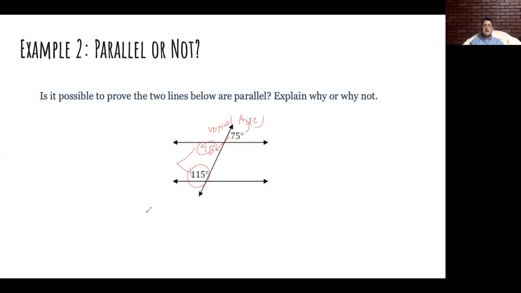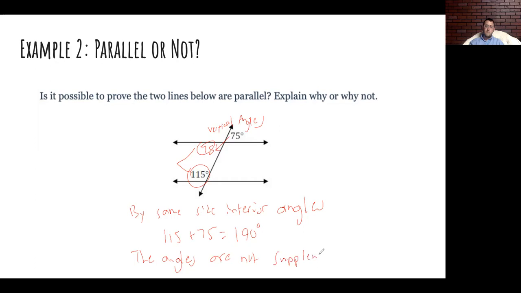And then I could say by same side interior angles, 115 plus 75 equals 190. The angles are not supplementary. And we could therefore say not parallel.